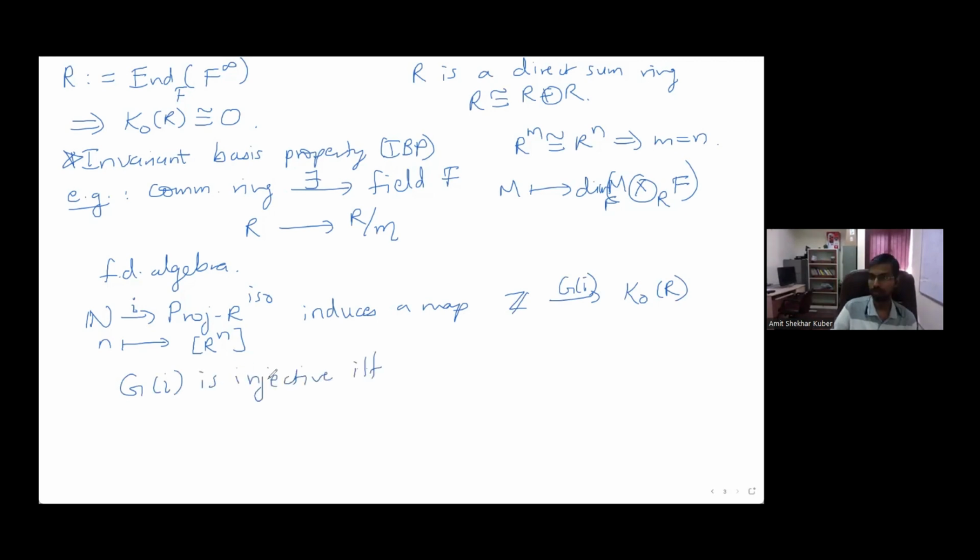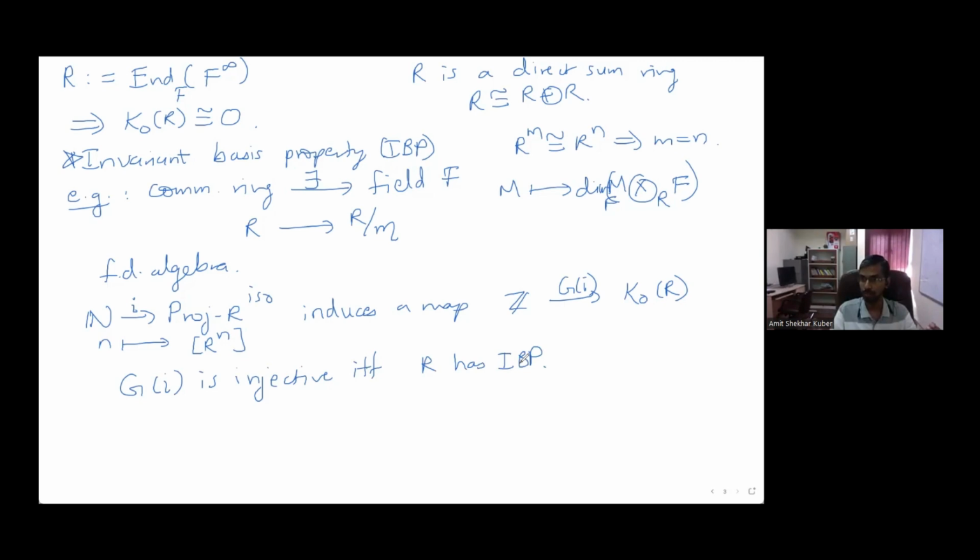So you can always see a copy of the integers for PIDs, for commutative local rings. That was not a surprise. Or even local rings, because they also satisfy this property of having a homomorphism to a field.